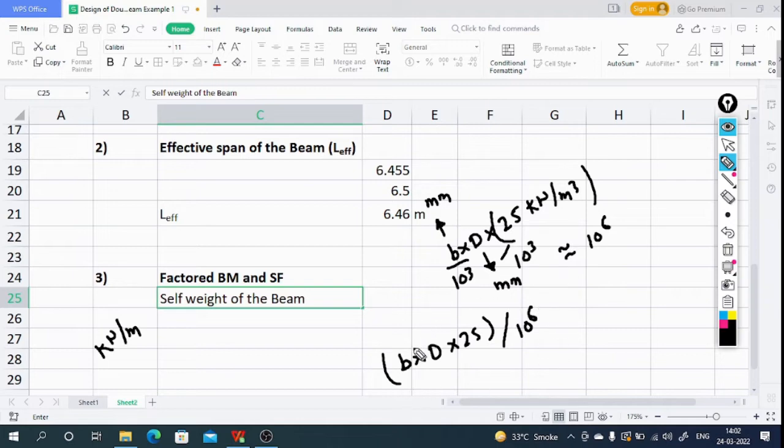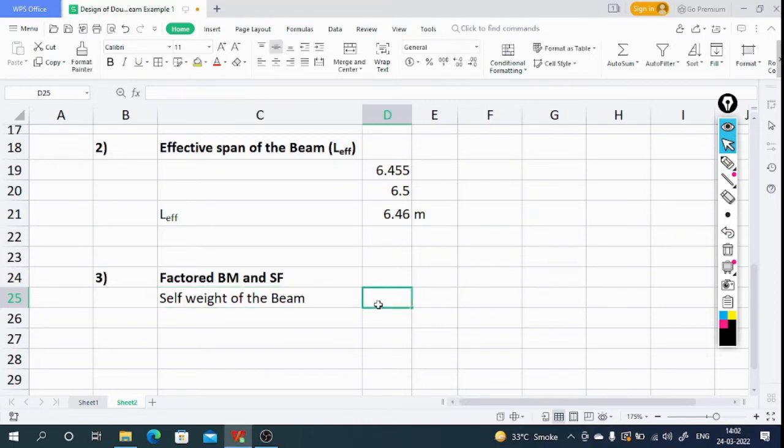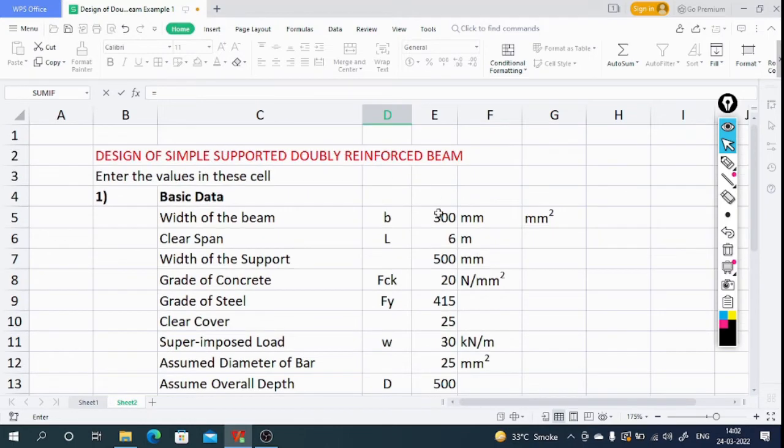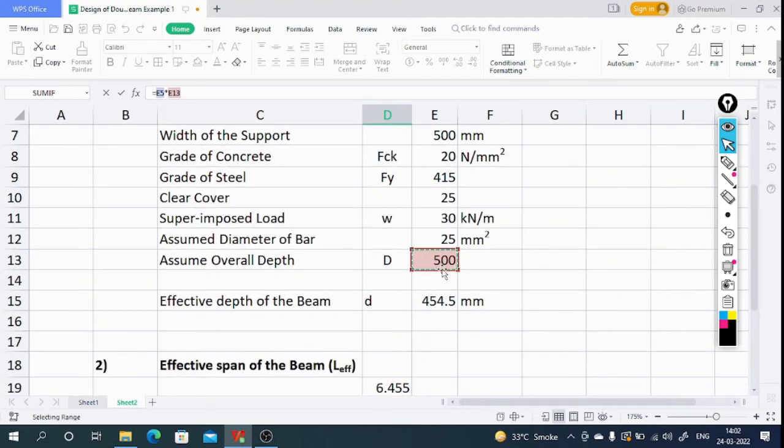This formula you have to insert in the cell. Okay, I will do that. Equal to B is 300 into, you can also edit the formula in the formula bar, D overall depth is 500 into 25.